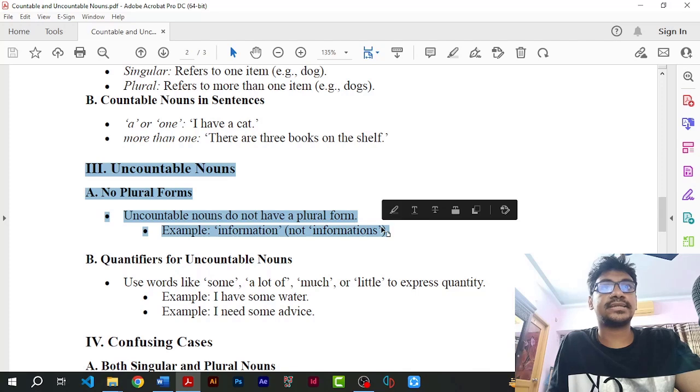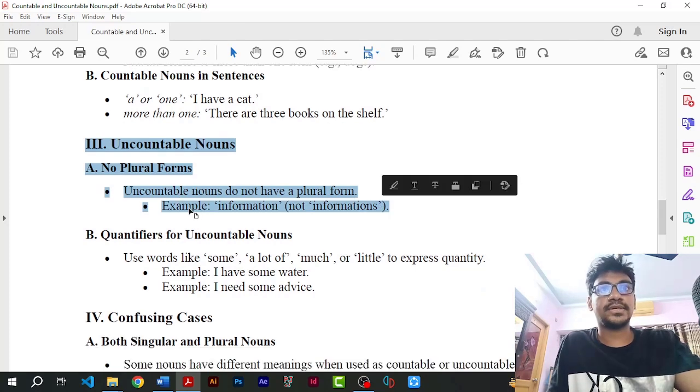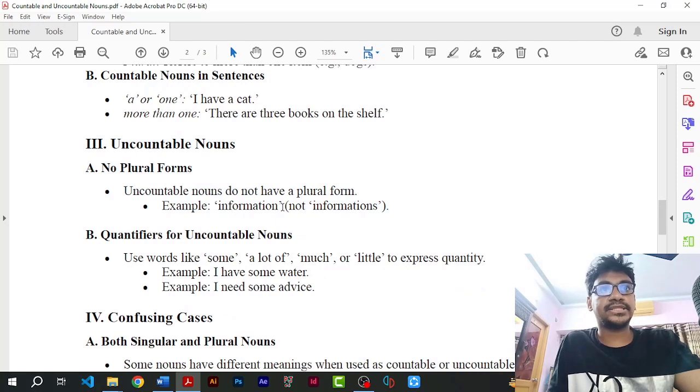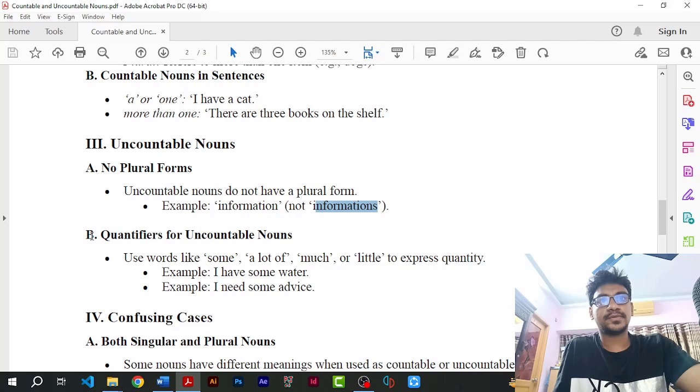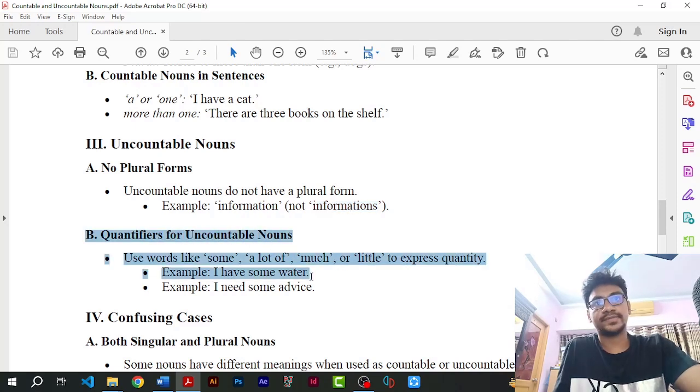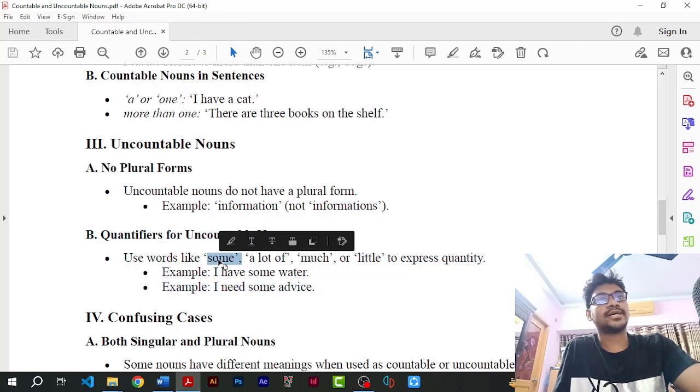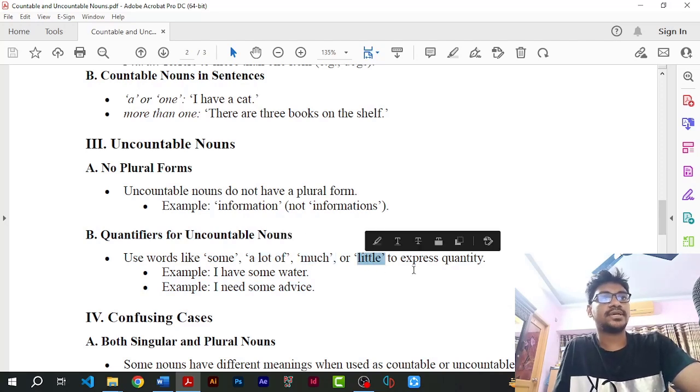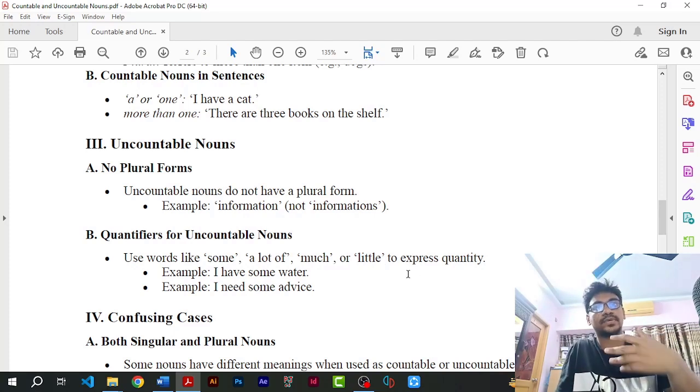As I said, there are no plural forms for uncountable nouns. As I said, information cannot be written or said as informations. Quantifiers for uncountable nouns. For example, some, a lot of, much, little. We can use these words to express the quantity. What is quantity?